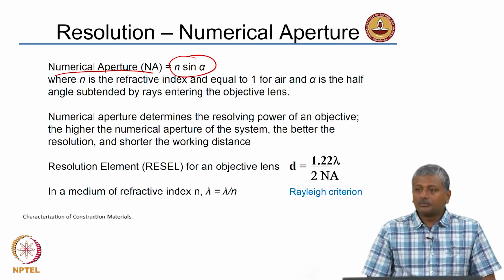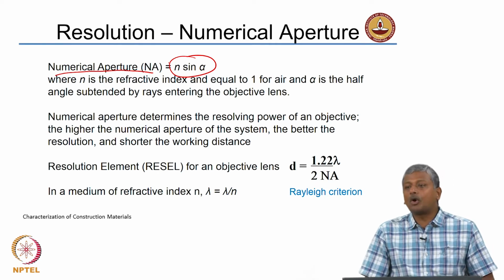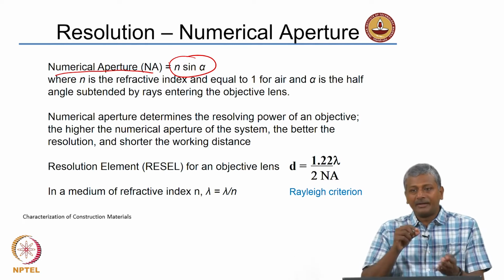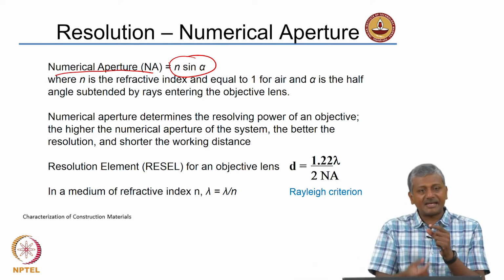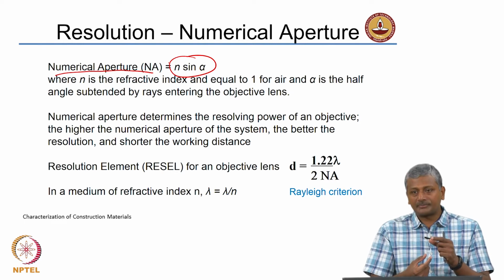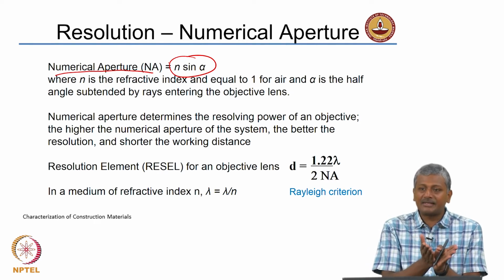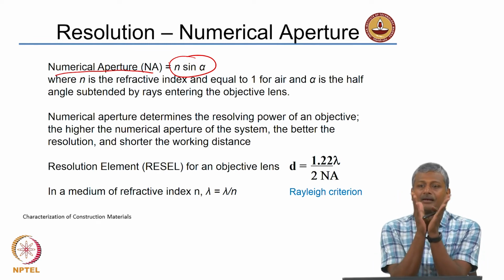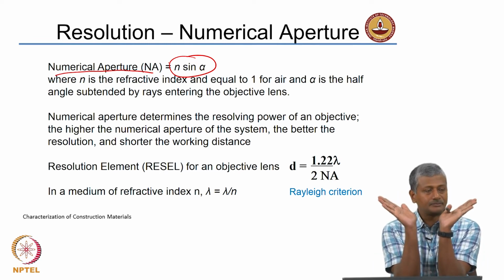Okay. Now, in most cases we use simple lenses which are air lenses, okay, because we are observing through air. So, n becomes equal to 1. Okay. Now, if you want to increase the numerical aperture, you may want to use an oil immersion lens. For example, you have a droplet of oil placed between the lens and the object to be imaged, and that will increase the n, and because the n is increased more, the angle alpha will become wider and wider, right.